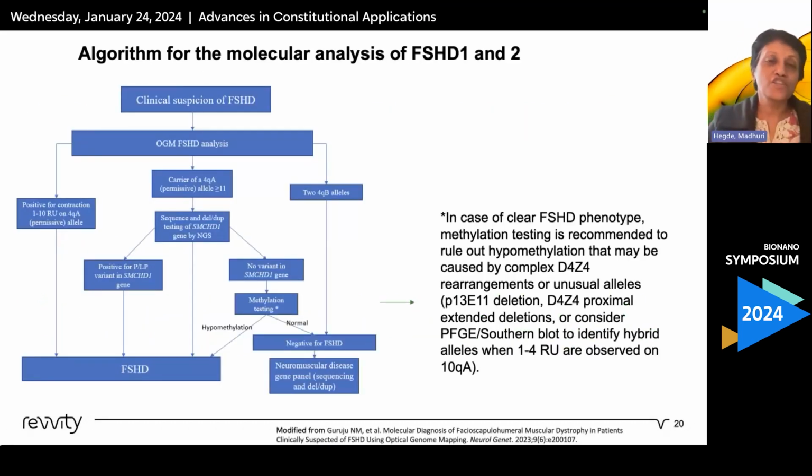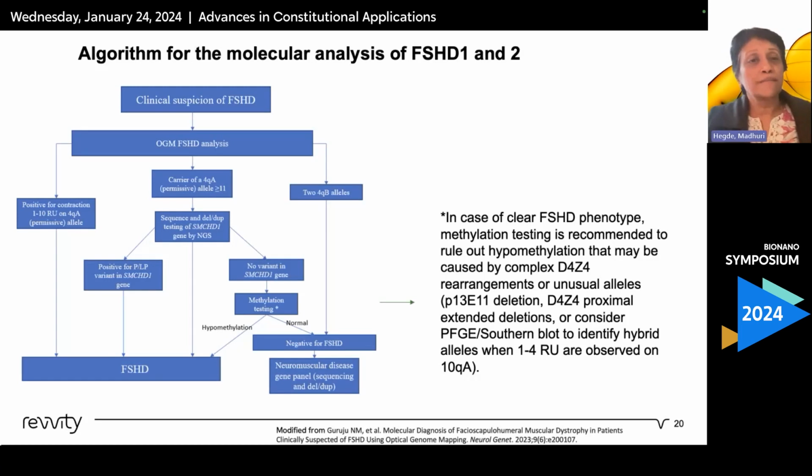So just finishing off, if you look at the very high level of what kind of algorithm can be put in place by a laboratory for molecular analysis of FSHD1 and 2. We're starting with optical genome mapping as a first step. If it is positive for contraction of 1 to 10 repeat units on the 4QA permissive allele, then there is nothing else that needs to be done further.